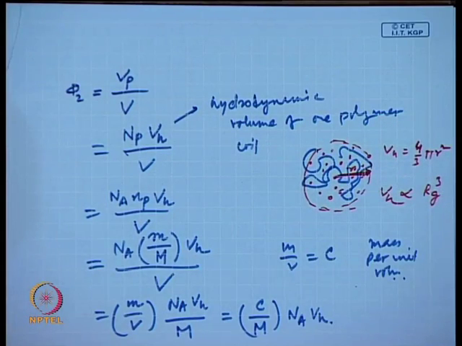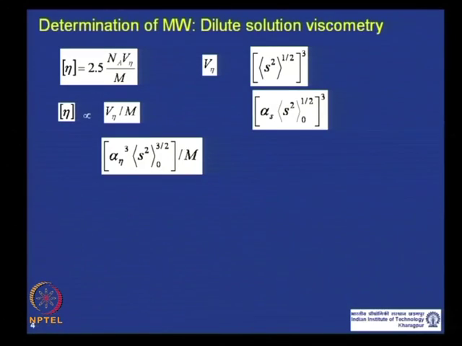So, we can write that V_H is proportional to the radius of gyration to the power 3, and the radius of gyration can be written as the expansion factor and the radius of gyration for the arm part of the chain.